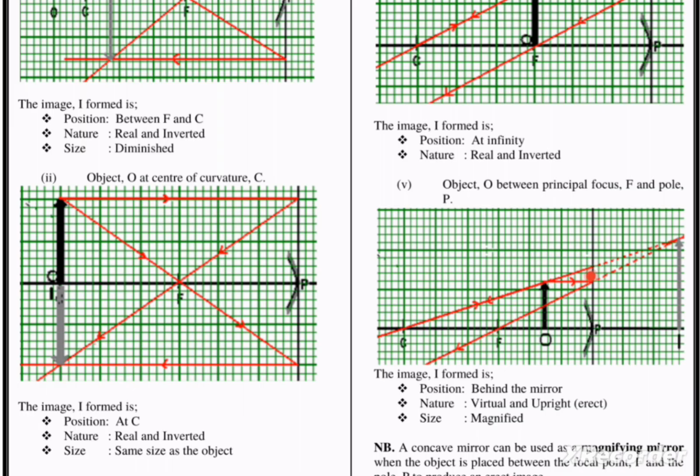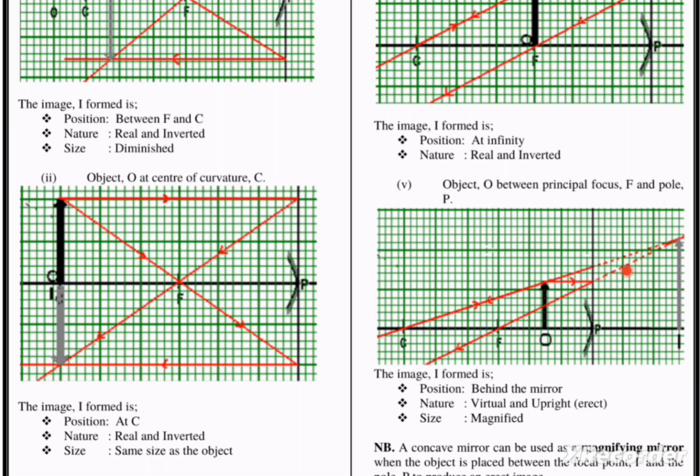However, it will appear as if it is coming from behind the mirror. The same will happen to this ray that is going through the center of curvature, so it appears as if it is coming from behind the mirror. That's why we use these dotted lines to indicate the apparent rays.